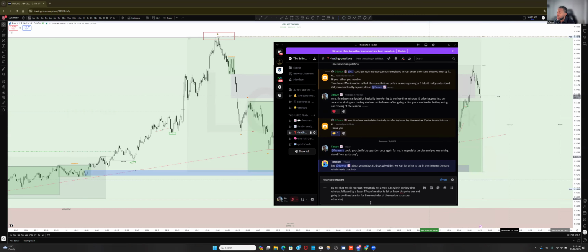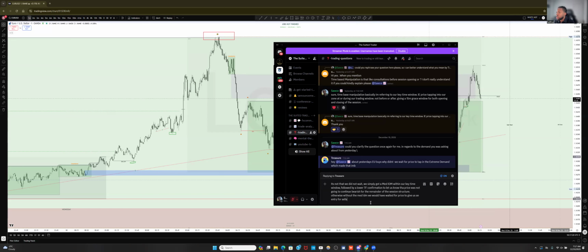Otherwise, without the medium inducement, we would have waited for price to give us an entry for sales towards that extreme demand.